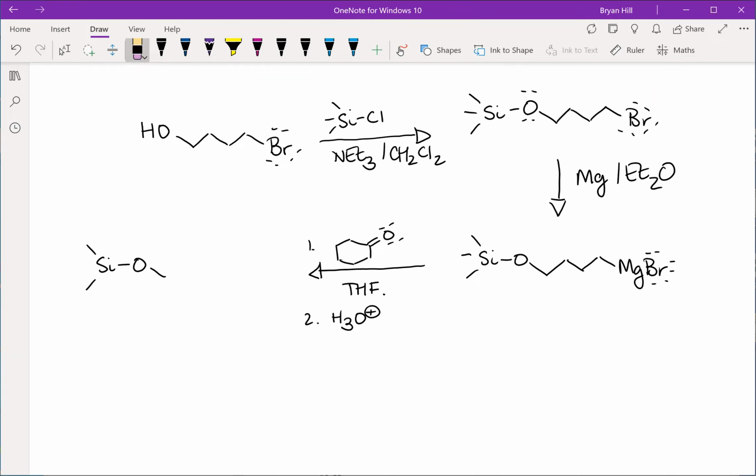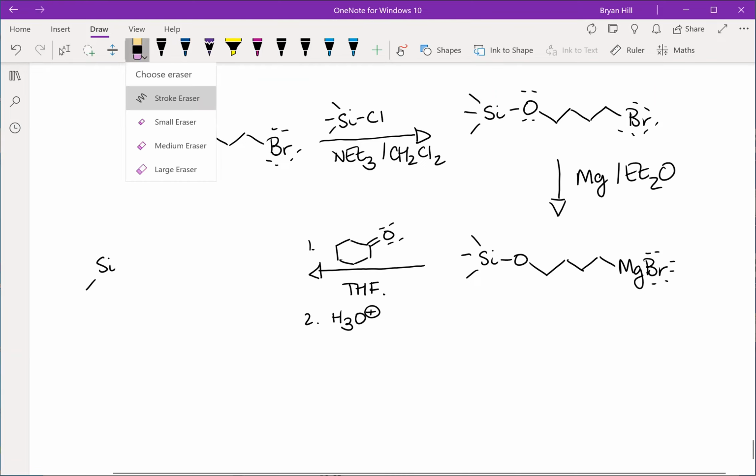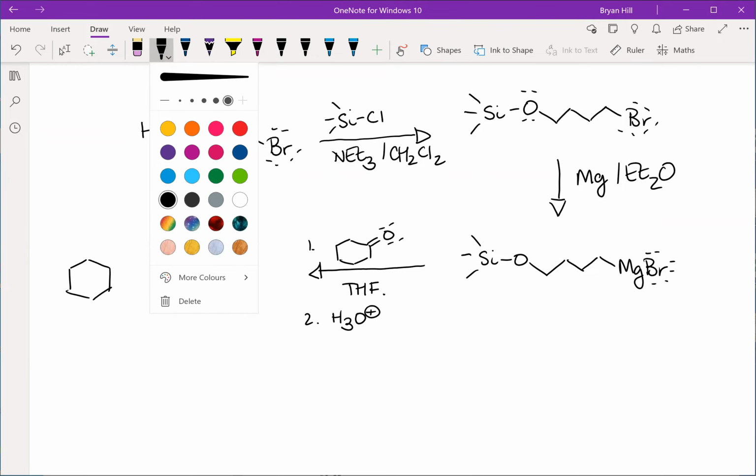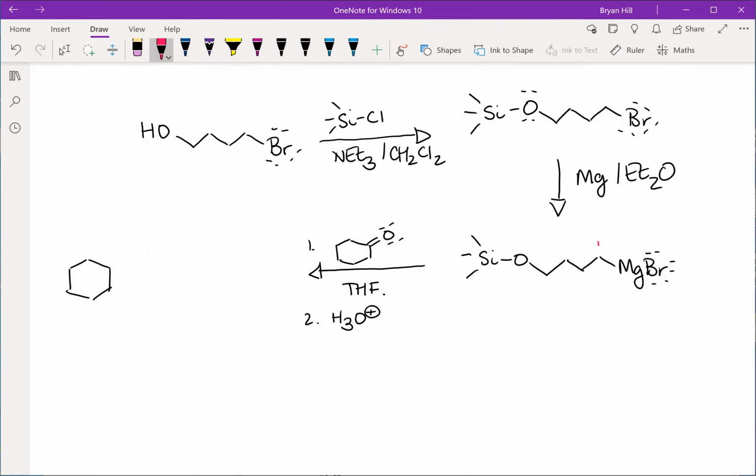Well, let's do it the other way. Let's count the carbons here. 1, 2, 3, 4. And so these electrons are going to attack here. Those electrons are going to move up. The oxygen is going to get protonated with that hydrogen.